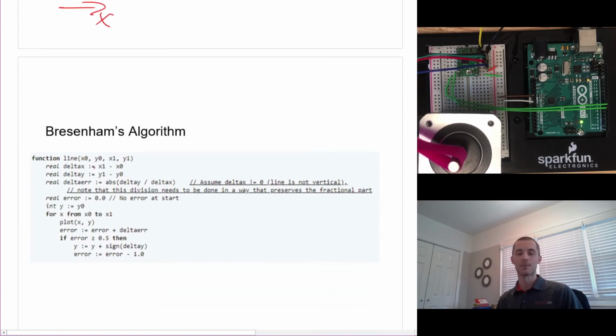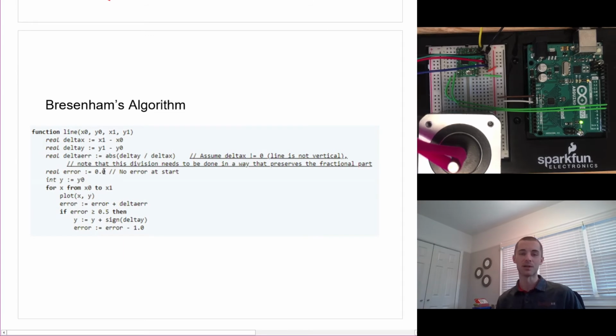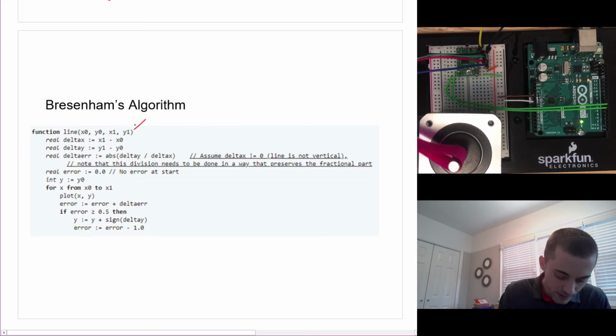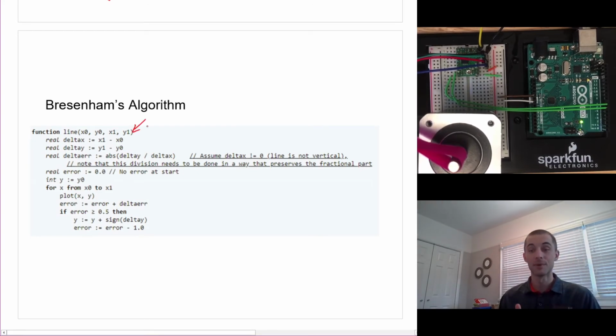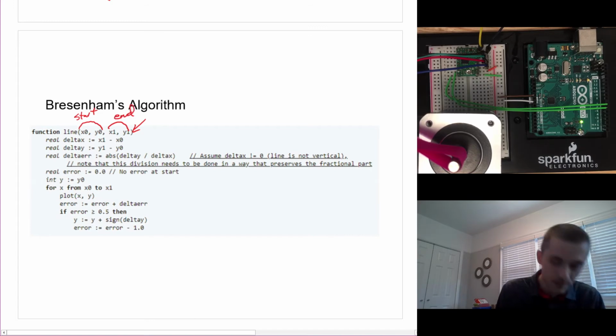And I directed you to the Wikipedia page for Bresenham's algorithm because it's got some great pseudocode there that explains exactly what we're trying to do. And so we're going to look at this right now and walk through how we can implement this in MATLAB. And so you've got a starting position and ending position, so this would be start and end, right?